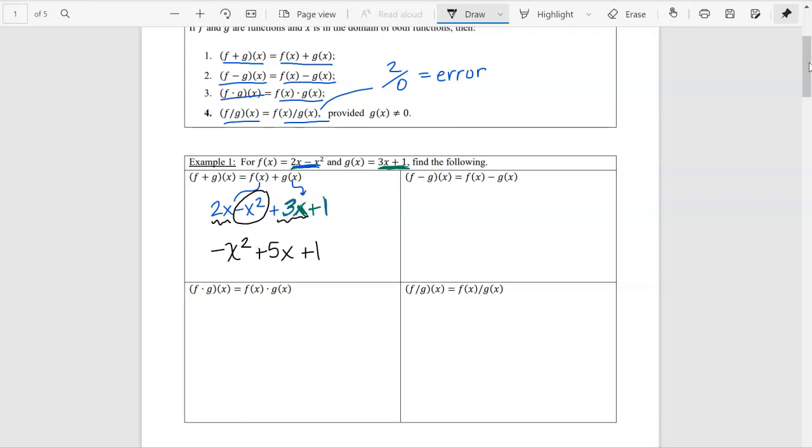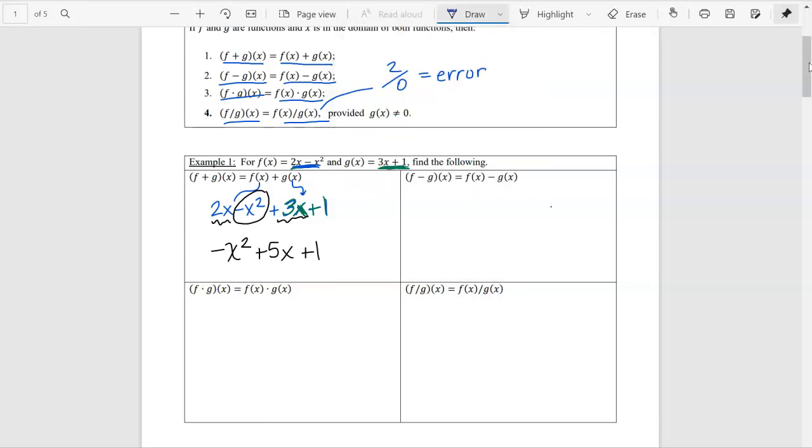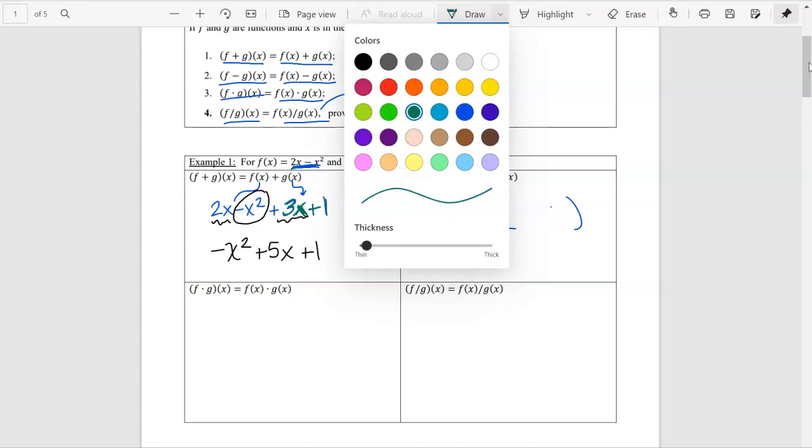Okay, so when we subtract these, you want to make sure you use your parentheses this time. So f of x is going to be 2x minus x squared. We're getting that from right here. And then minus g of x. We're putting that in parentheses because we want to subtract the whole thing. And this time when you subtract, it does change the sign.